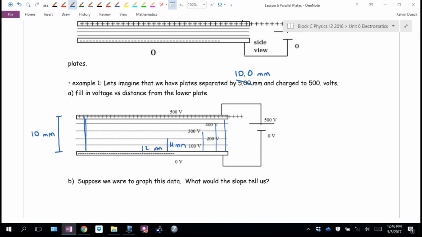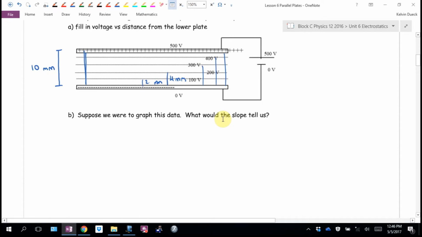Suppose we were to graph this data. What would the slope tell us? What I mean is, suppose we had a graph of voltage versus distance from the bottom plate. We could also do voltage versus distance from the top plate, but I'm going to go voltage versus distance from the bottom plate.